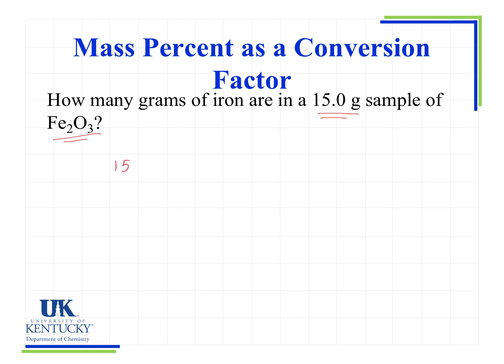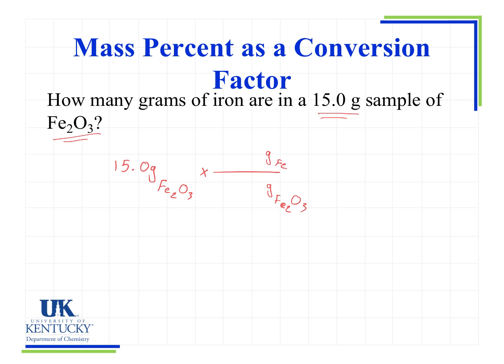So always start with what is given. So we have 15 gram of Fe2O3, right? So I don't want gram of Fe2O3. I want to get rid of that, so I write it on the bottom. I want the gram of Fe.